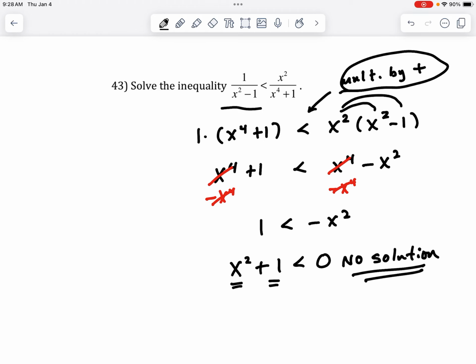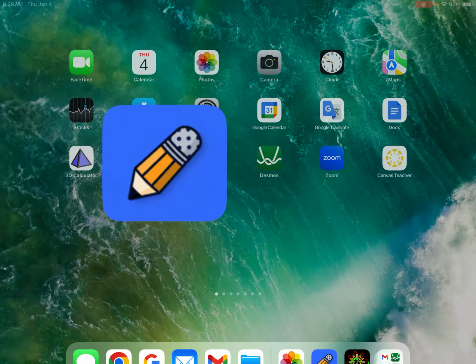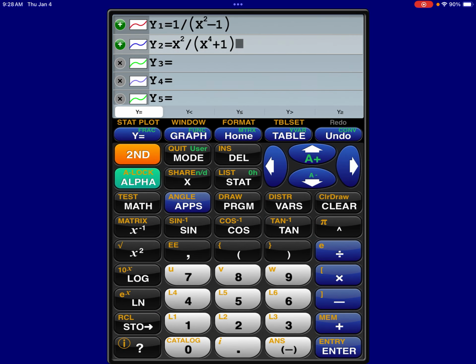Also, I could graph the original and see what's going on. If I go to the graphing calculator and go to y equals, you put them as two separate functions. So this was the left side of the inequality. That's going to be the red one. And the question is saying, when is the red one less than, or below, the bluish purple one?